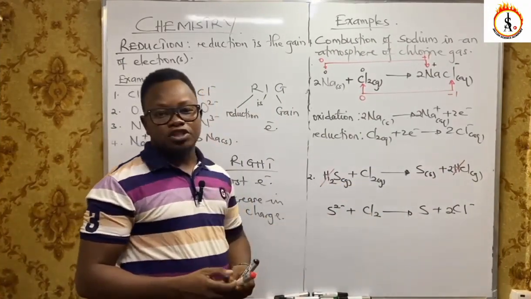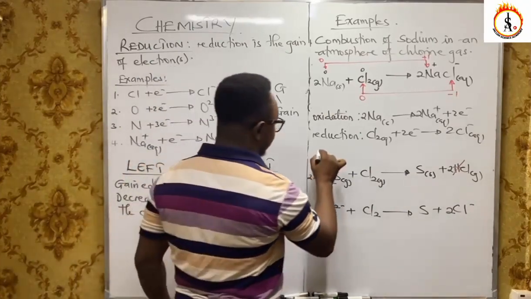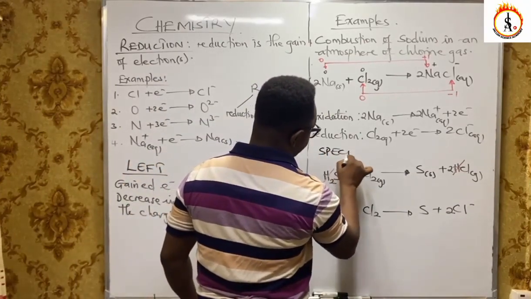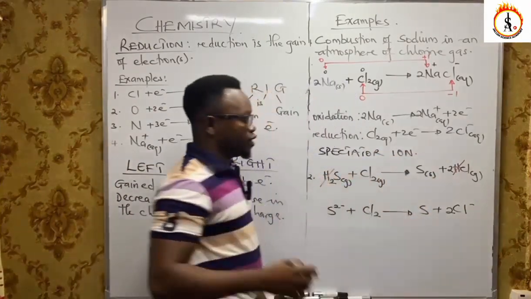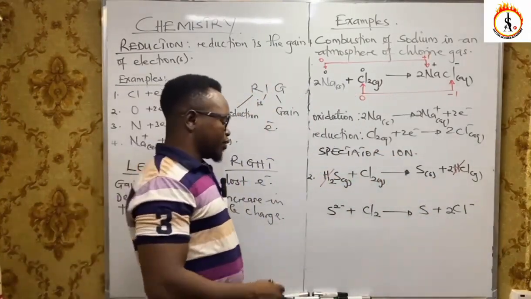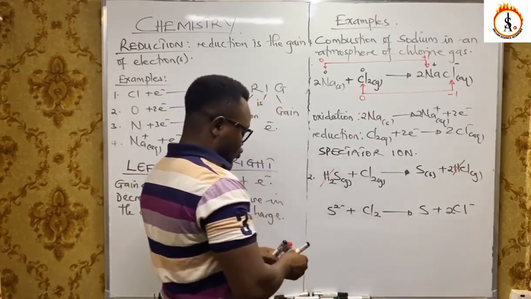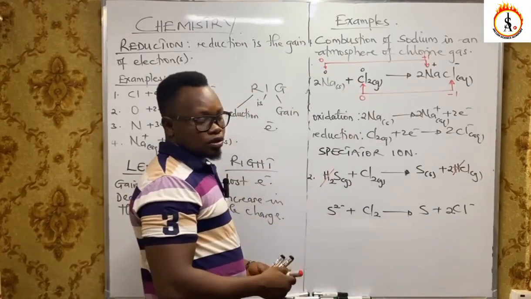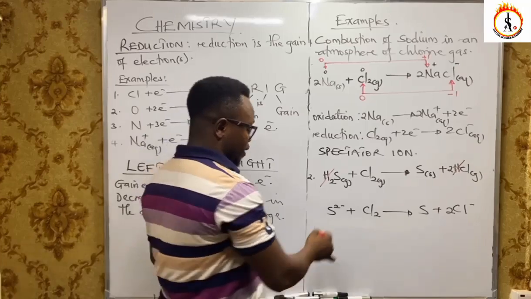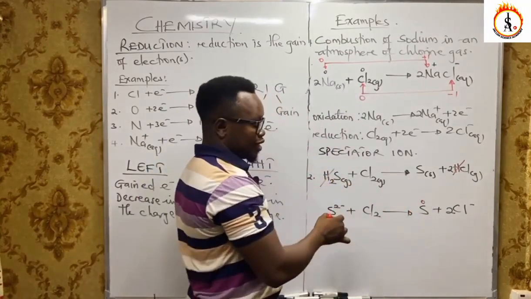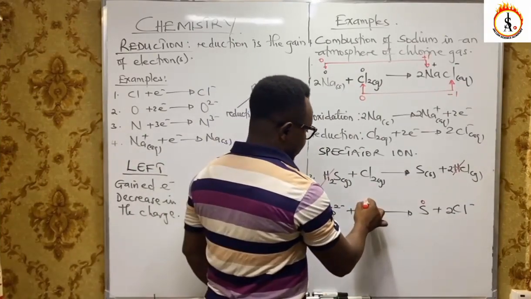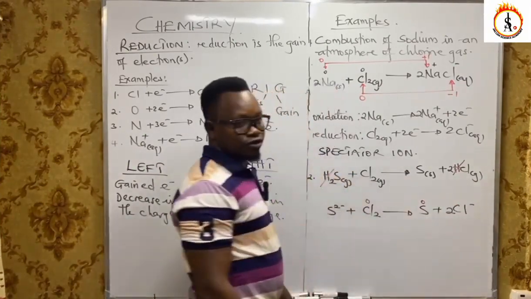Spectators are species whose oxidation number does not change. So we refer to it as a spectator ion. Okay, hydrogen is a spectator ion in this case. So now we want to see how the reduction and oxidation processes are taking place. This guy has a charge of -2. This one has no charge, and this guy has no charge. This one has a charge of -1.